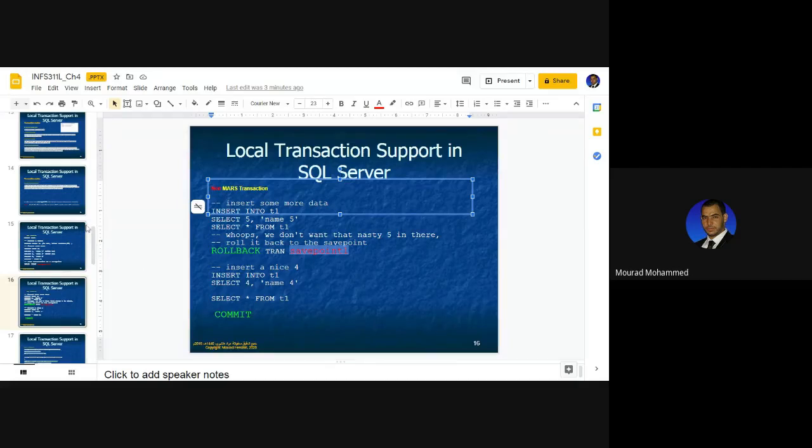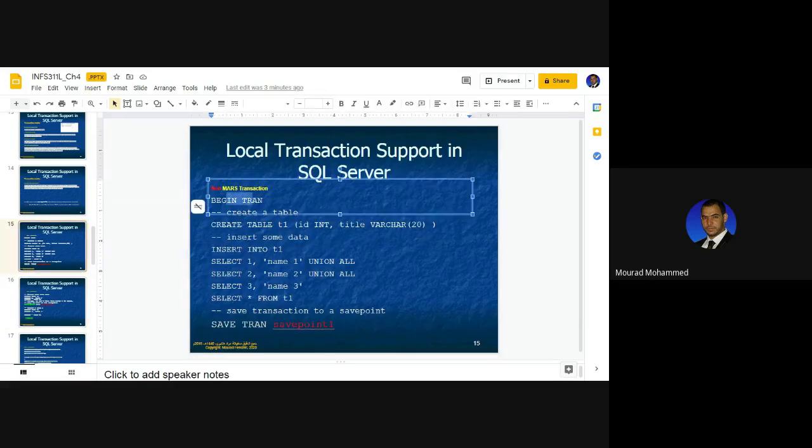The transaction has started here, as the beginning of the transaction, and in between we have a save point, a time frame point, which we can utilize as a reference point, either to commit or to roll back.